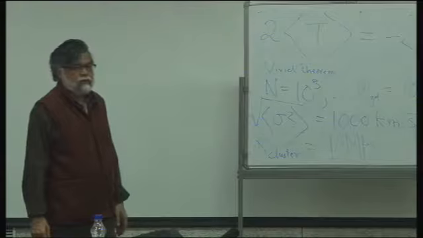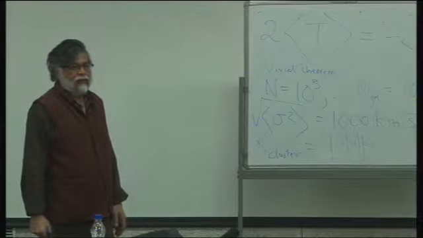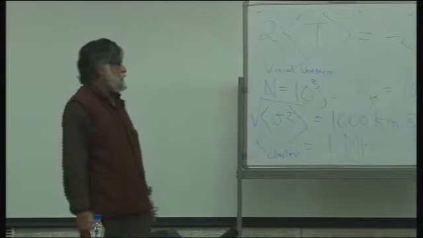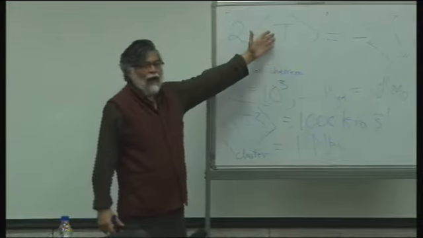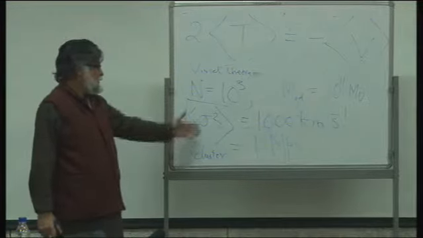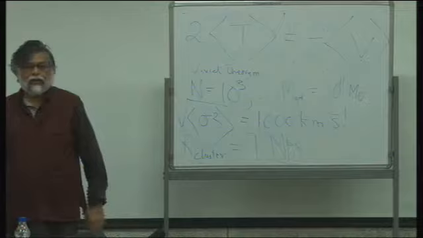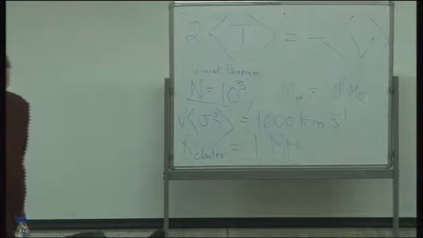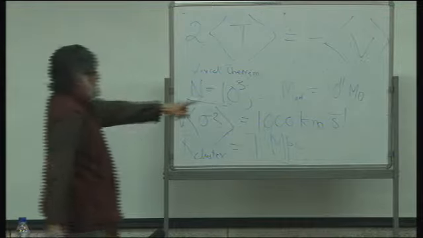Okay. So can someone do a quick calculation of what is the total average kinetic energy, what is the total gravitational potential energy, and so on? This mass is for what, sir? I can't read the subscript. So m gal.